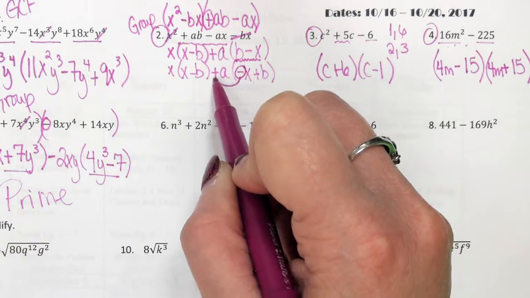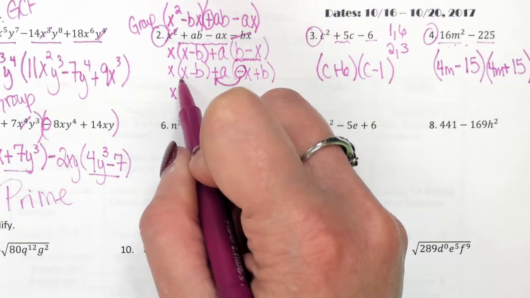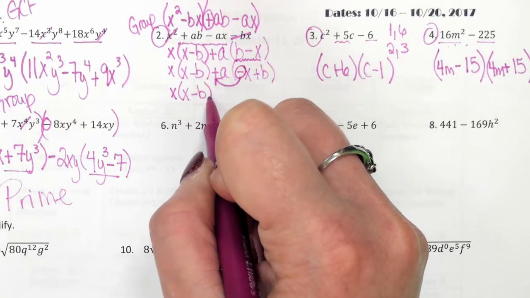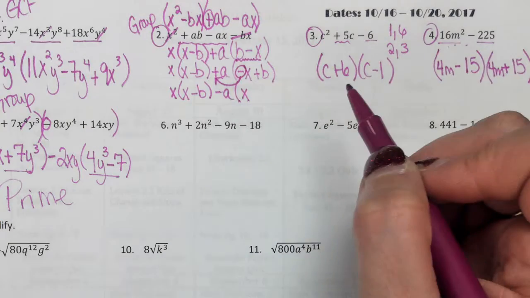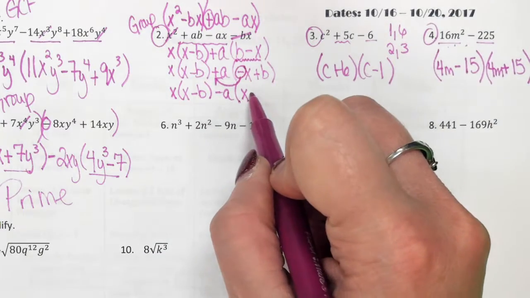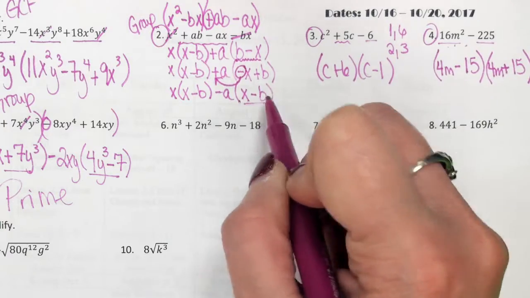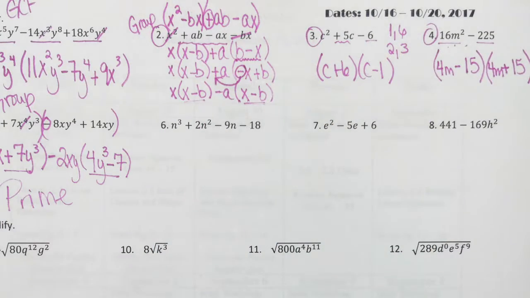There you go, divide it and bring it out here. So instead of plus A, it's going to be minus A. And then instead of minus X, it'll be positive X. And instead of positive B, it'll be negative B. And now they match up.